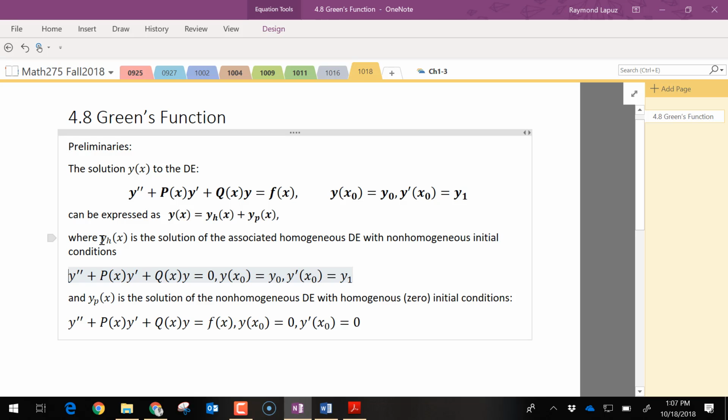And then y sub p, the particular solution, will end up being the solution to the non-homogeneous differential equation with initial conditions at 0.